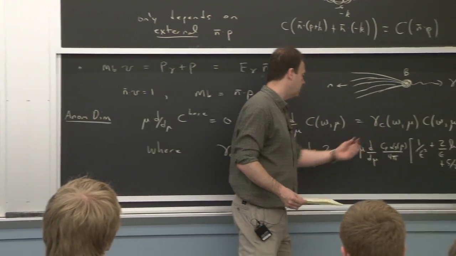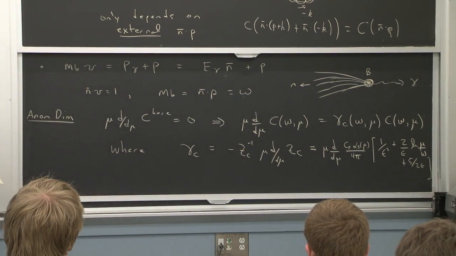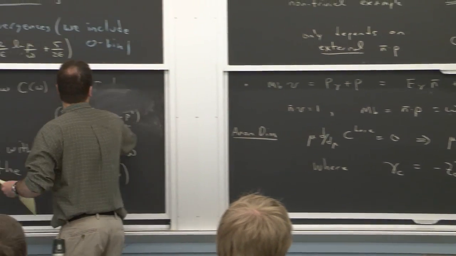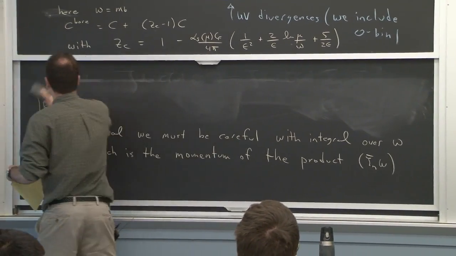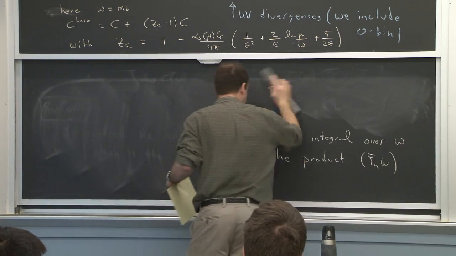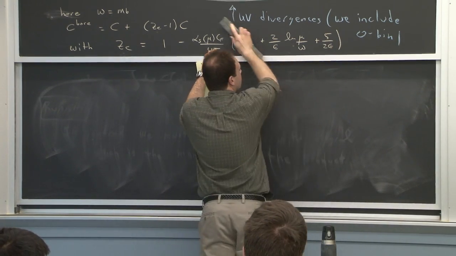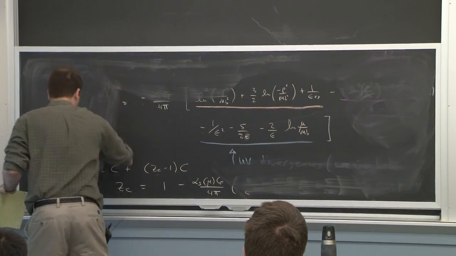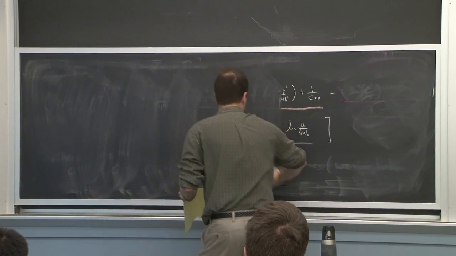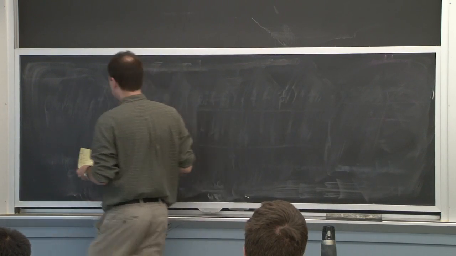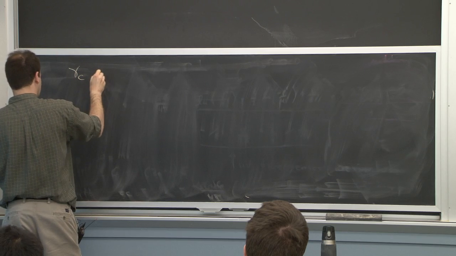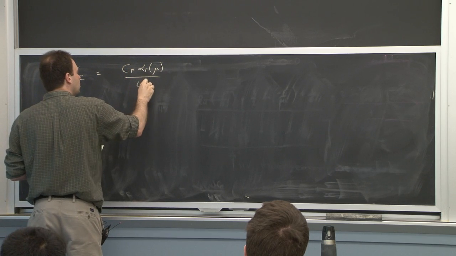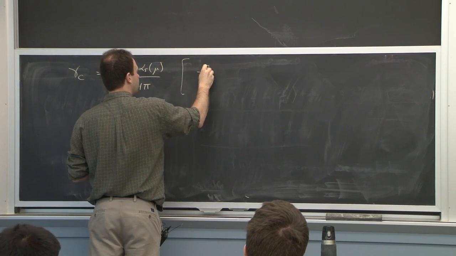And then I have mu d by d mu of the rest of the stuff, which includes both the alpha and the log mu over omega. These are the type of contributions we get.